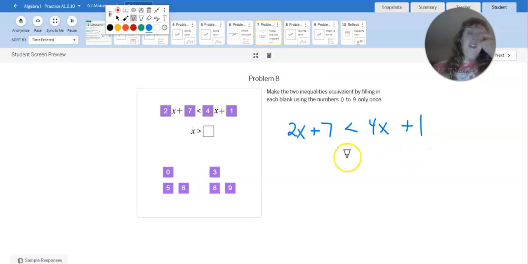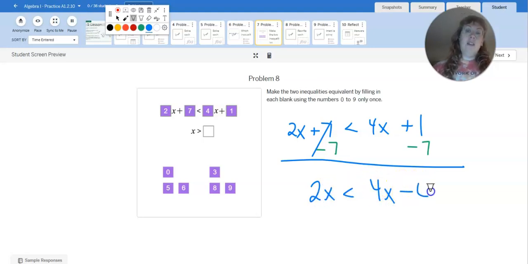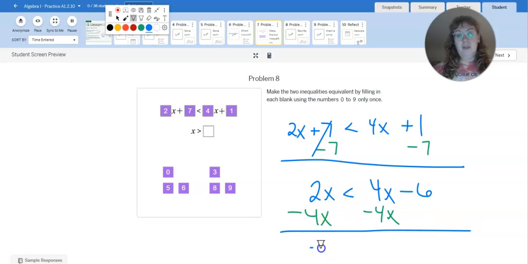When we solve this, we could subtract 7 on both sides. And we'd get 2x is less than 4x plus 1 minus 7, which is 4x minus 6. And then we would subtract 4x on both sides. 2x minus 4x is a negative 2x, is less than negative 6.